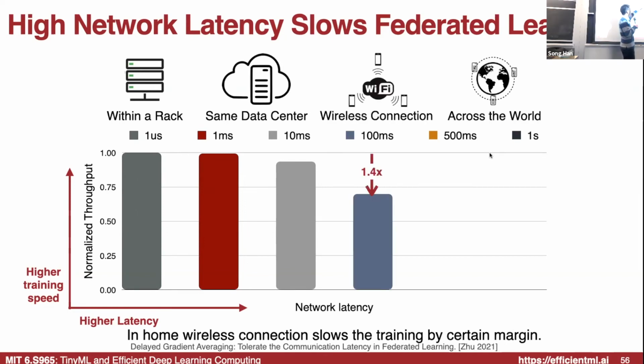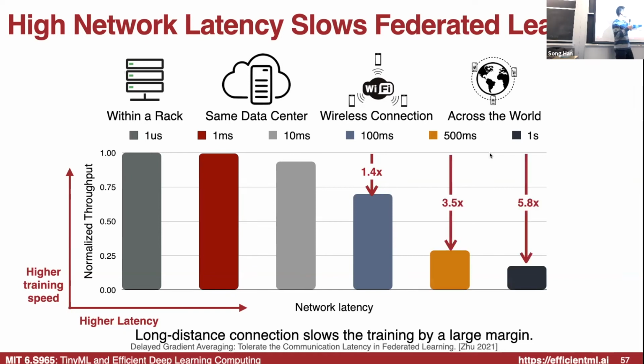A wireless connection is several hundred milliseconds, and across the world, it's hundreds of milliseconds. So how do we enable distributed training to keep a high training speed across different latencies, even much higher than within a data center?